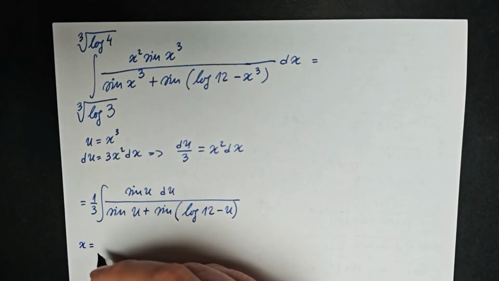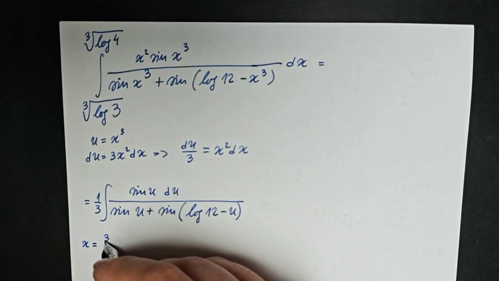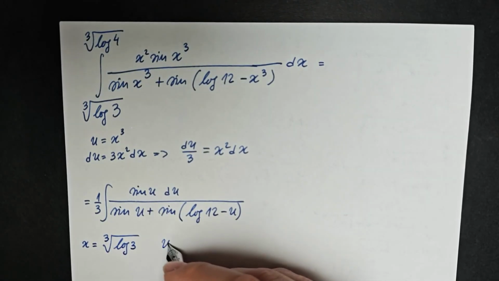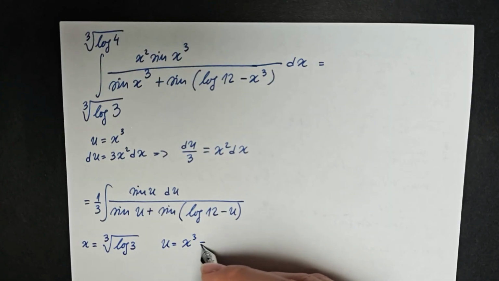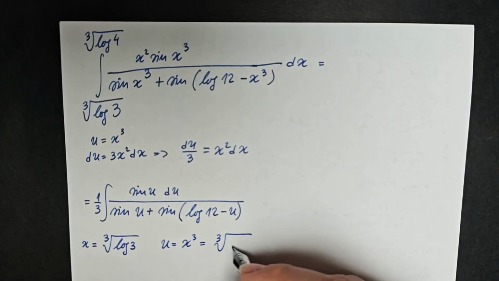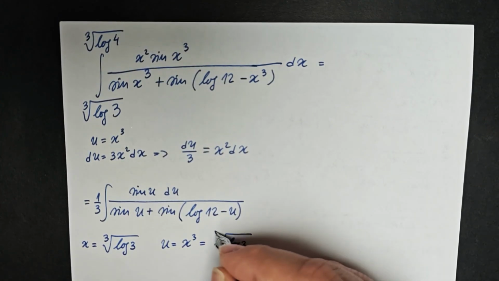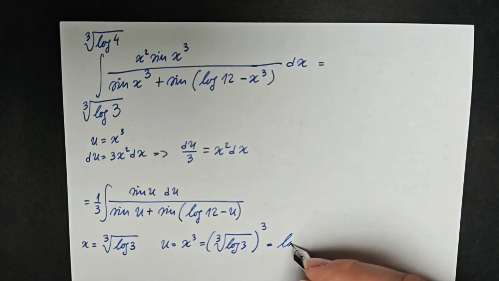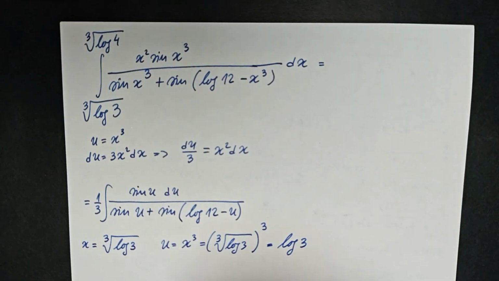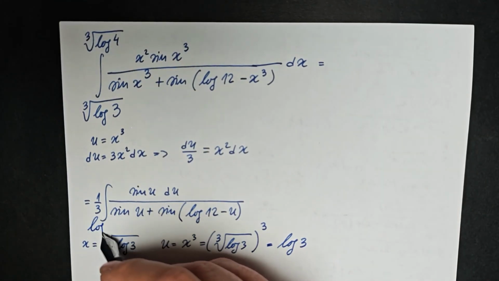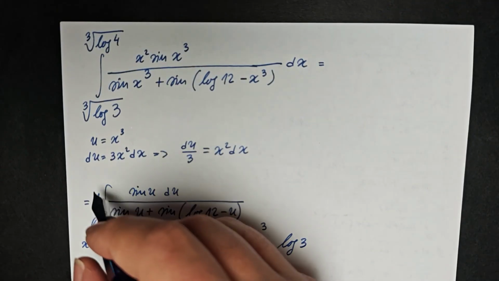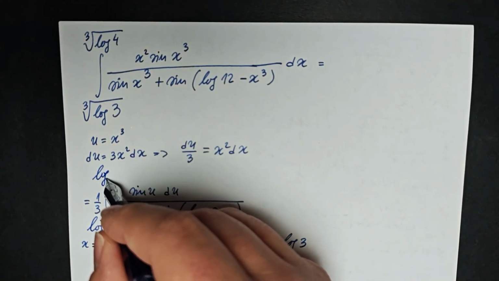Let's see what happens with the lower border, the cubic root of log 3. The substitution is u equal to x cubed, so the cube root of log 3 raised to the power 3 gives us log 3 as a result. So the lower border is log 3, and the same thing happens with the upper border, which is log 4.